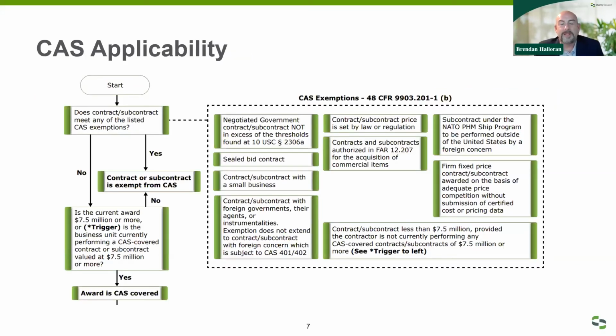So jumping into CAS applicability, we've led up to a number of the potential exemptions and types of CAS coverage that there could be. We're going to walk through this flow chart, and I can speak to this probably being a reference sheet for most contracting officers and auditors.